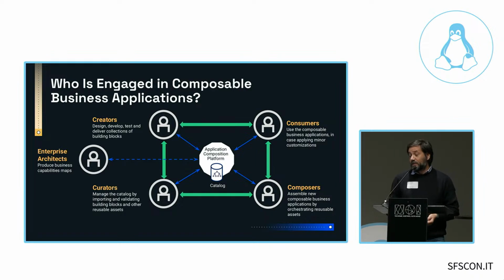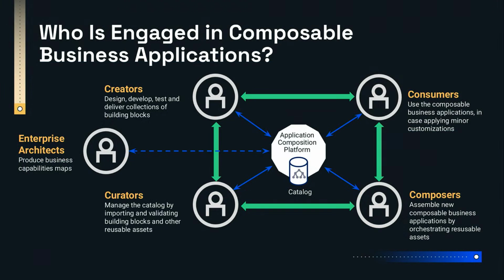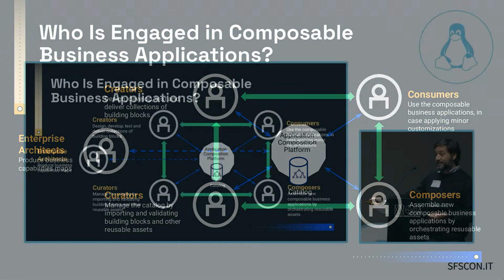Basically, as you can see, you have people that are dedicated to the creation of your mini application, but even people that are in charge of putting them together and to handle the life cycle of this web application. And by this, you need to refer always to this central element, again, the catalog, the marketplace.